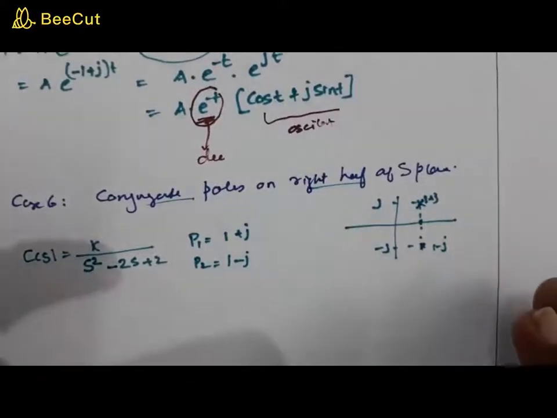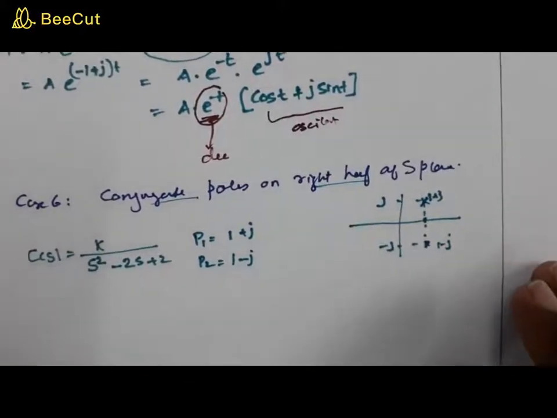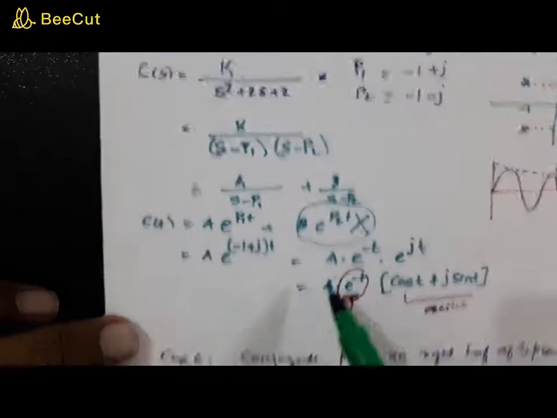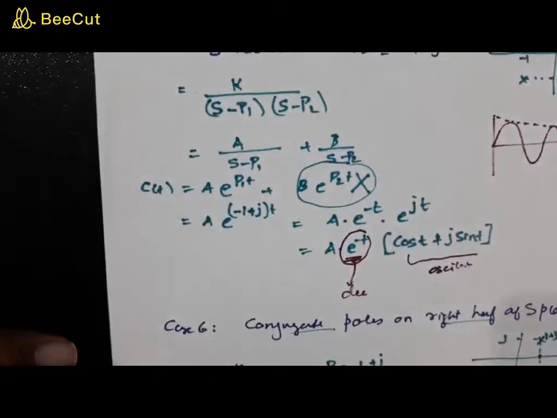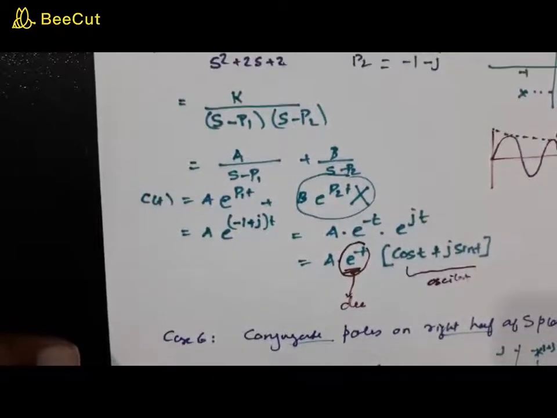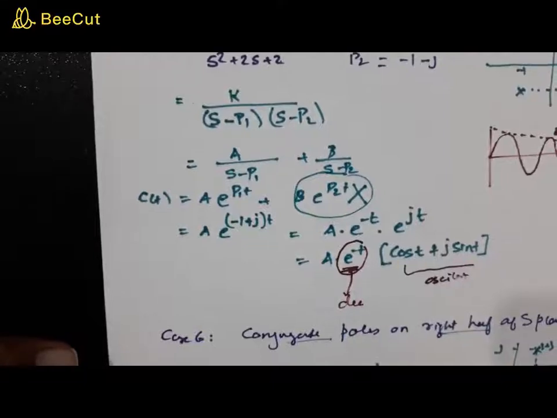So these are the poles on the right half of the S-plane. Approaching like this, you will get this as A by S minus P1 plus B by S minus P2.